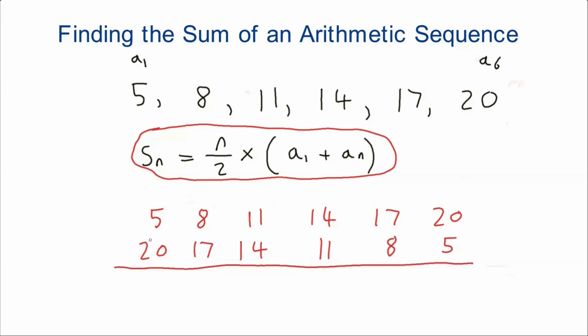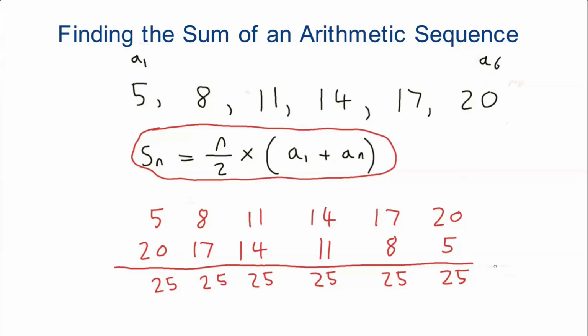And we'll find when we add them together, that's going to make 25. The last and the first make 25, as they all are. And we've got 1, 2, 3, 4, 5, 6. We've got 6 of these 25s, the same as our number of terms.